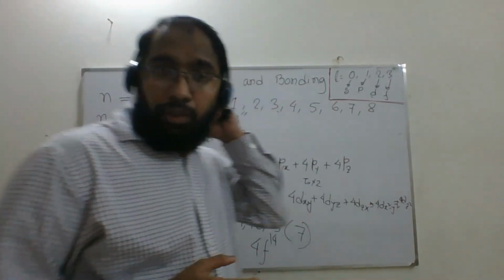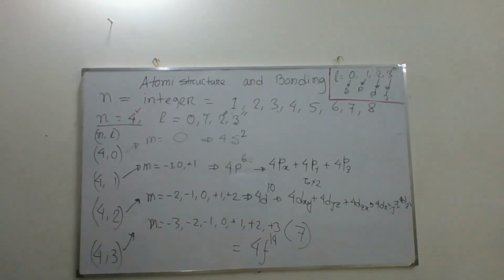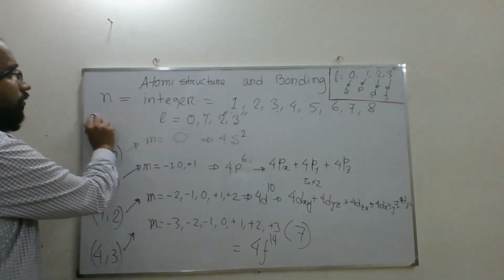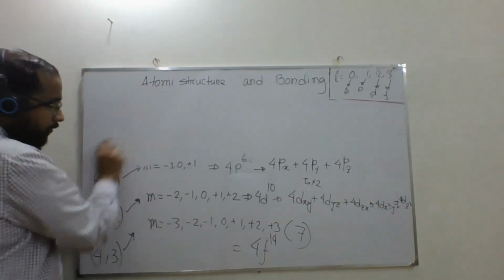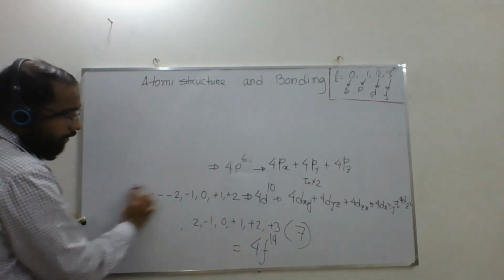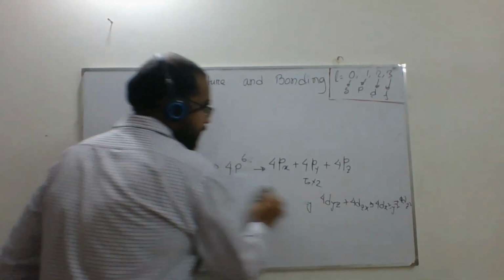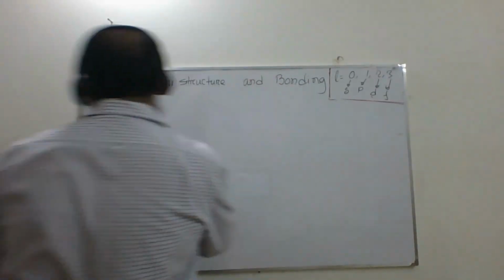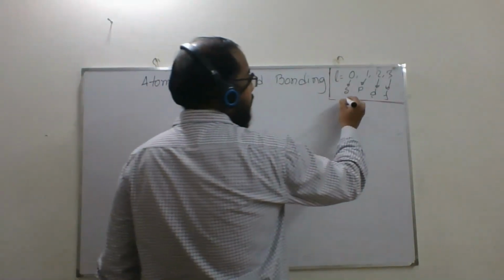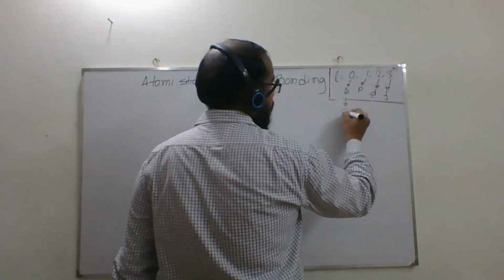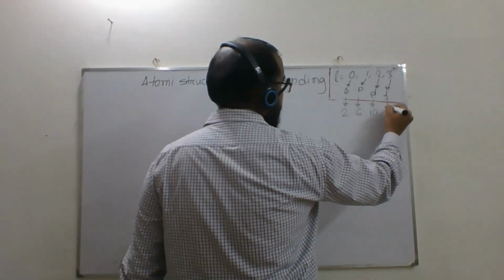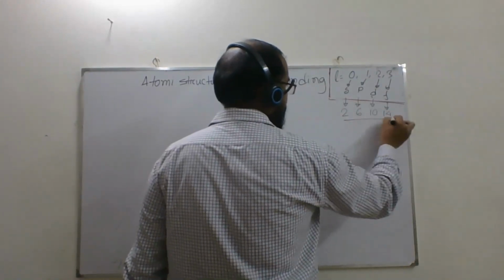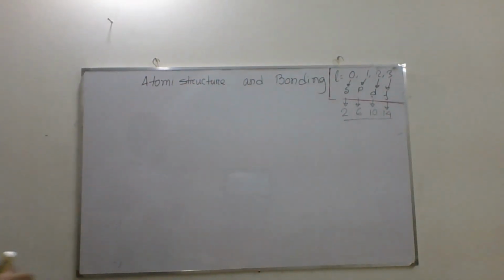We can say that the total number of electrons in s, p, d and f: s can have 2 electrons, p can have 6 electrons maximum, d can have 10 electrons, and f can have 14 electrons. This is the maximum number of electrons in these subshells.